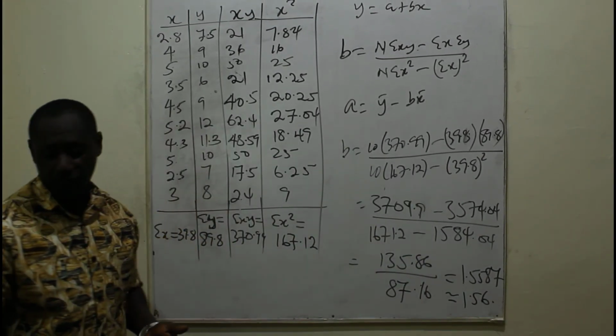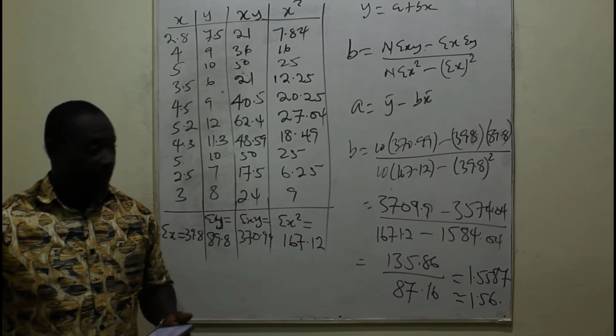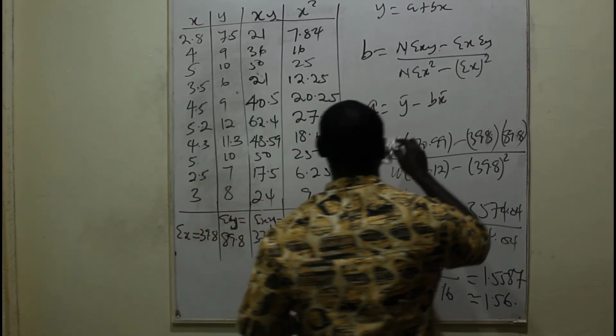Okay, so if I have 1.56 for B, then I can now come here and insert it.